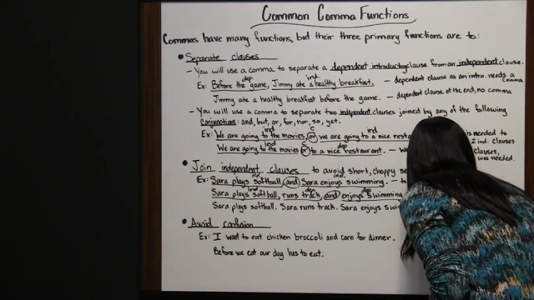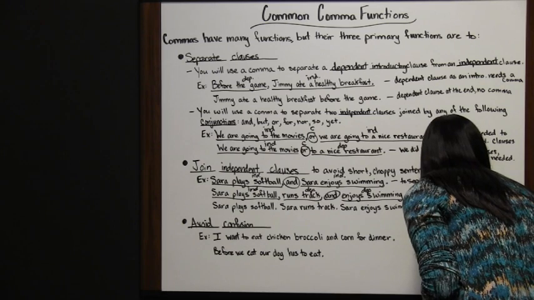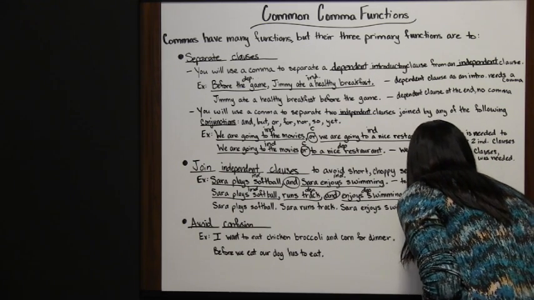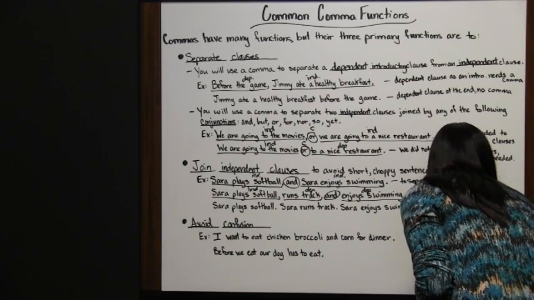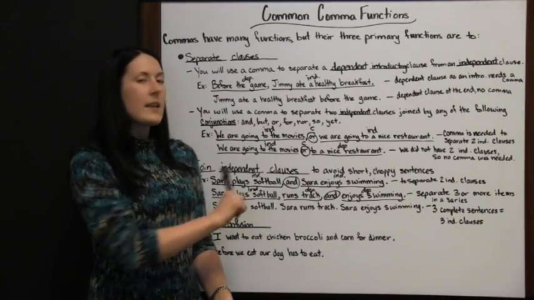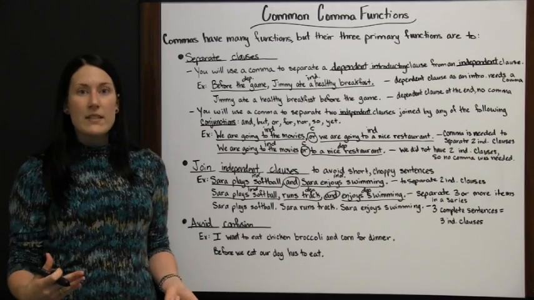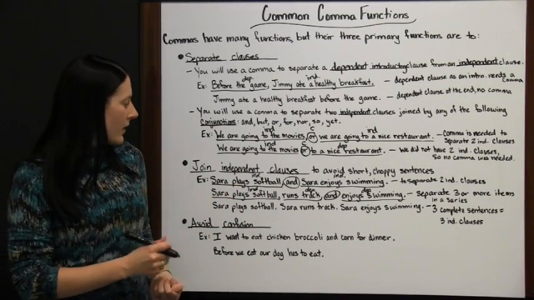We just had three complete sentences, which basically equaled three independent clauses. So we had to find ways to combine them. So we could combine all three into one sentence, and we could use our rule of using commas in a series of three or more to join these different independent clauses.